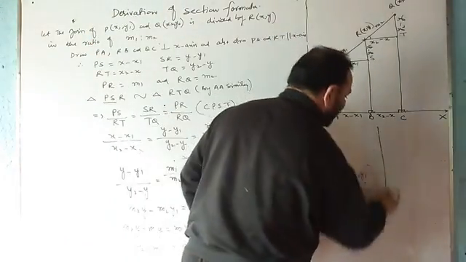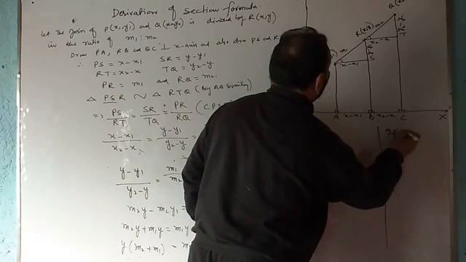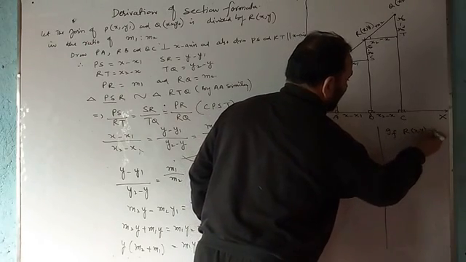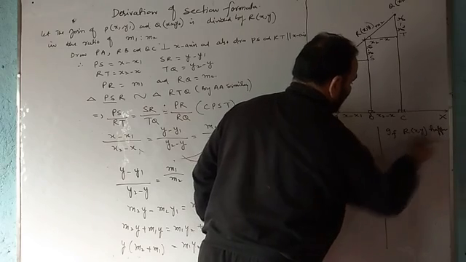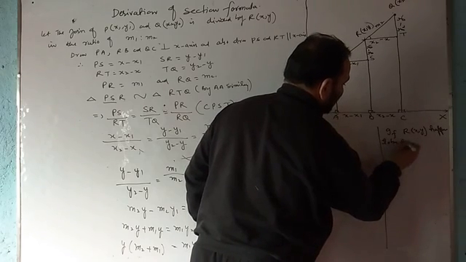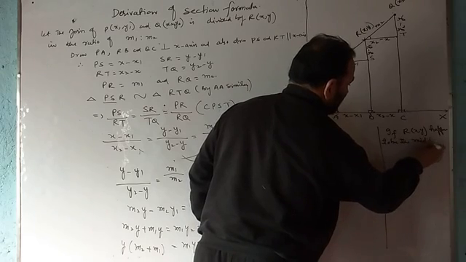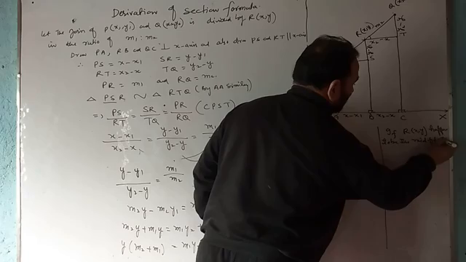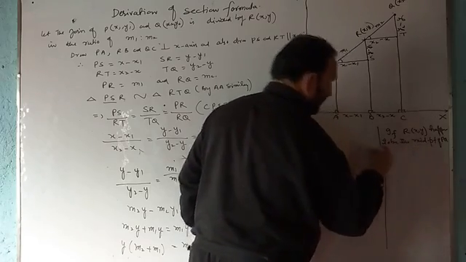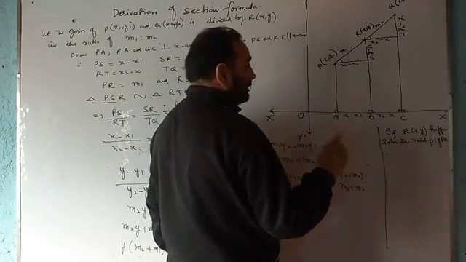I will be writing here, if R (x, y) happens to be the midpoint of PQ, then in that case the section formula is reduced.